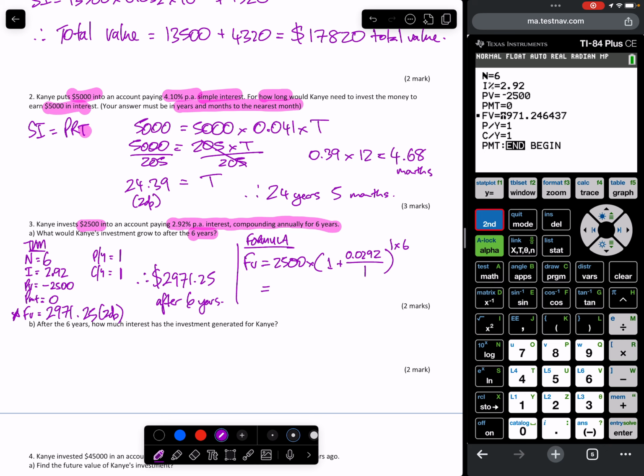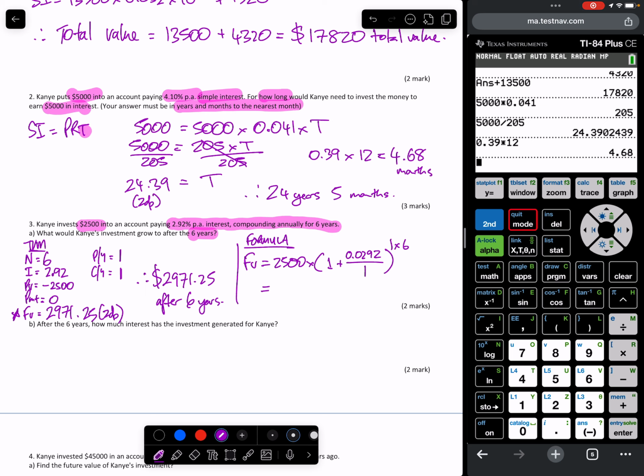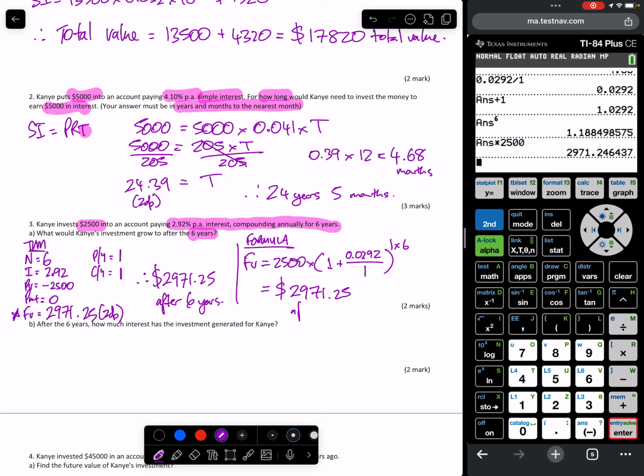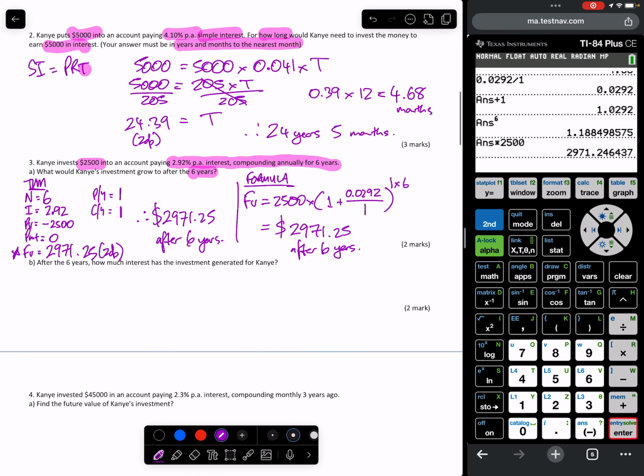So quit out of this. 0.0292, divide that by 1, add 1 to it, raise it to the power of 6, times that by 2,500, and you see you get the exact same answer, $2971.25 after 6 years.